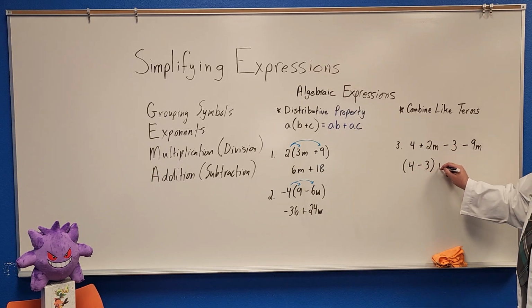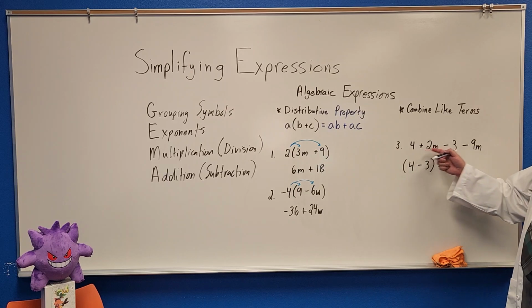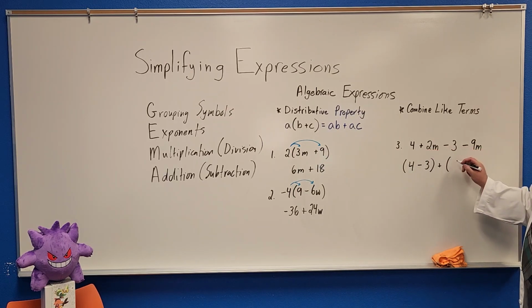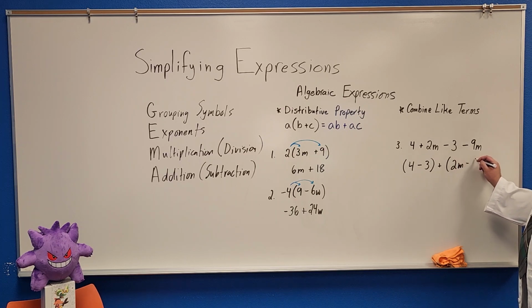Then I'm going to put a plus between here, and I'm going to combine or group together the variable terms, 2m, and again, the minus travels with the 9m.